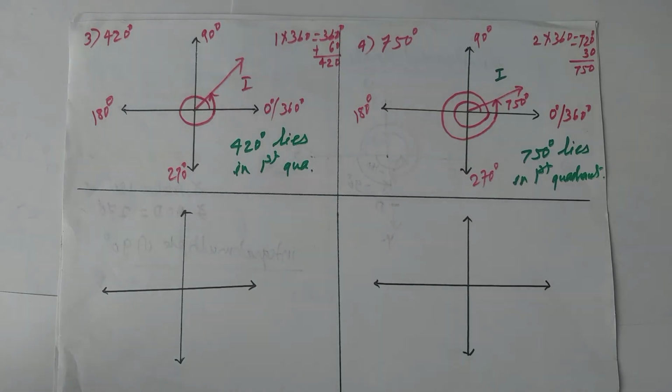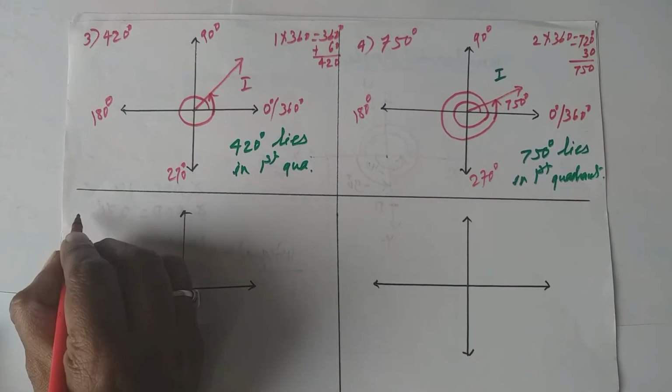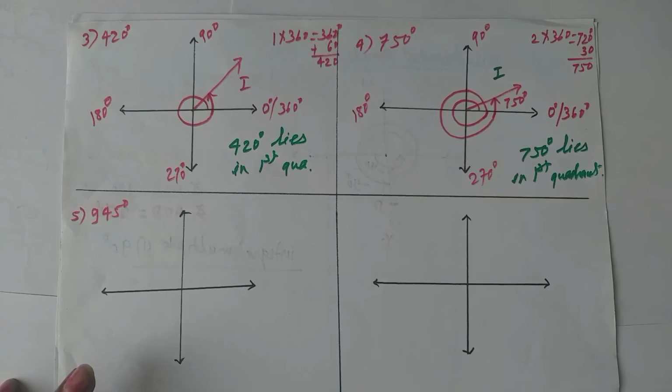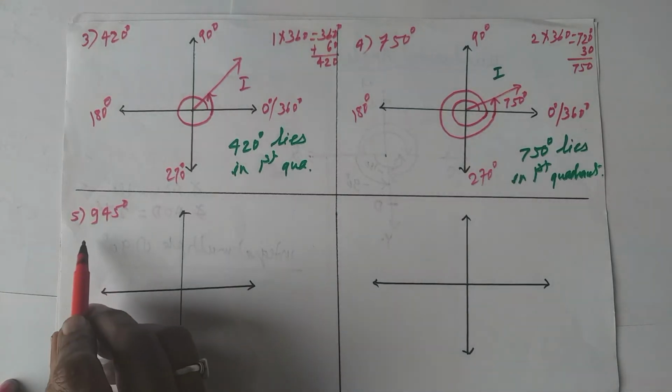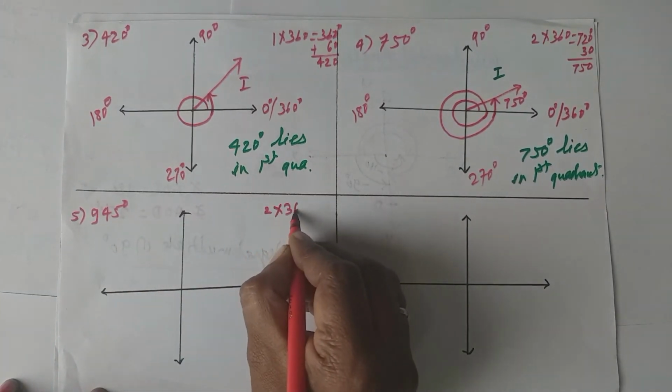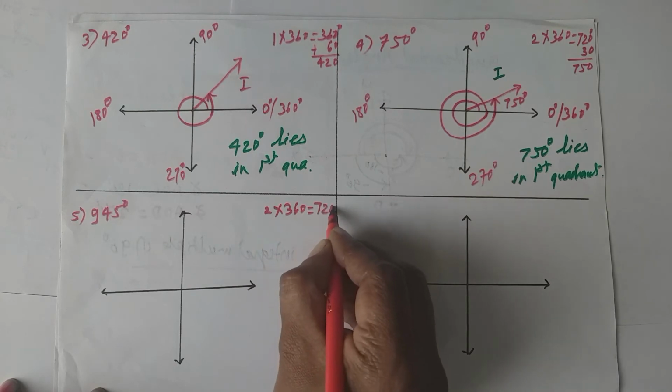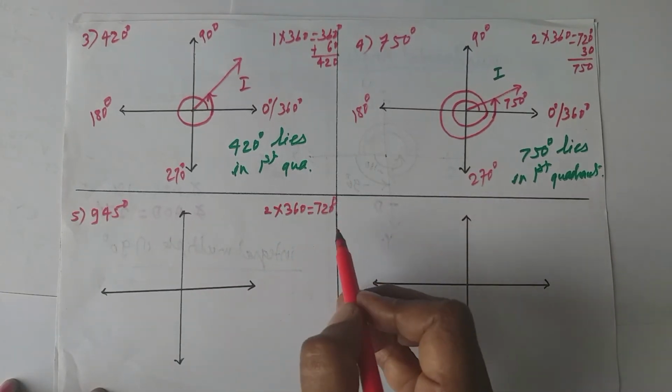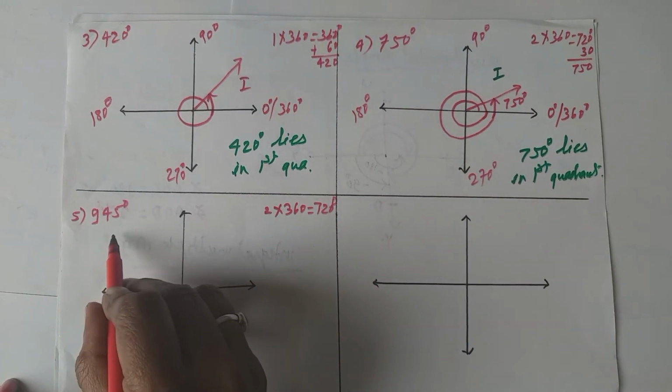Suppose an angle of 945 degrees is given. Now see here, if there are 2 complete rotations, an angle of 720 degrees is formed, and if there are 3 rotations, then an angle of 1080 degrees is formed. Here an angle of 945 degrees is given, which means I have to rotate 2 times, then I will get 720. Then how much do I have to add to 720 degrees to get 945 degrees?